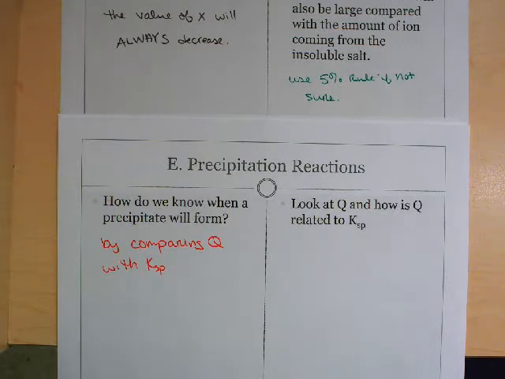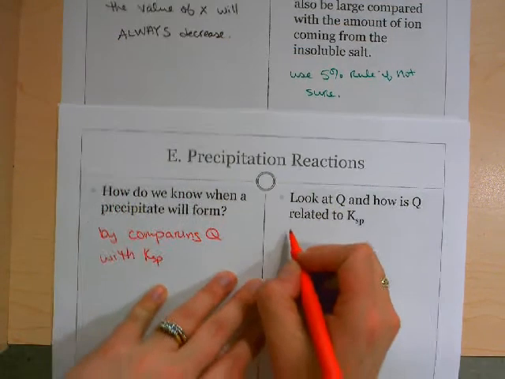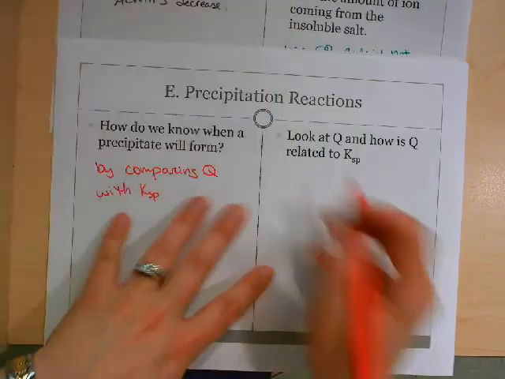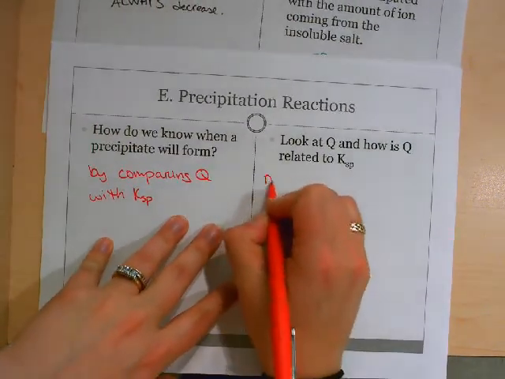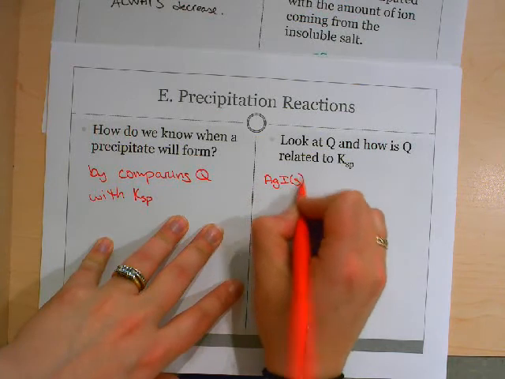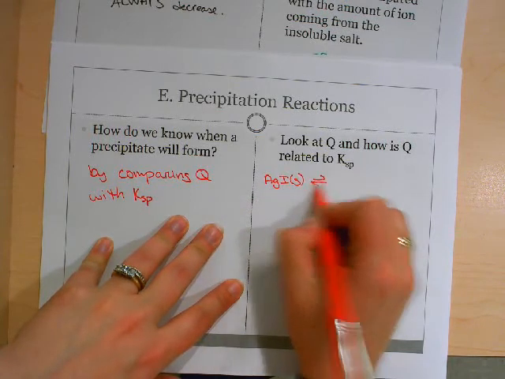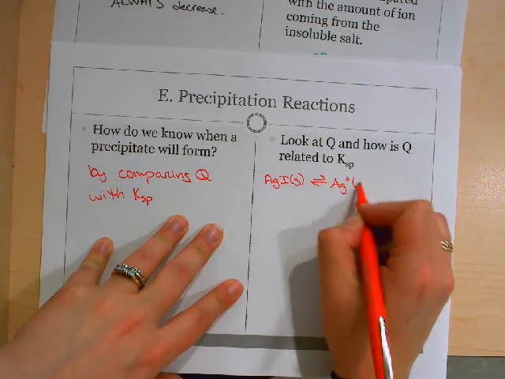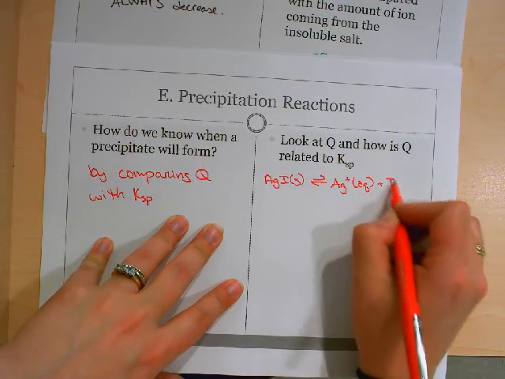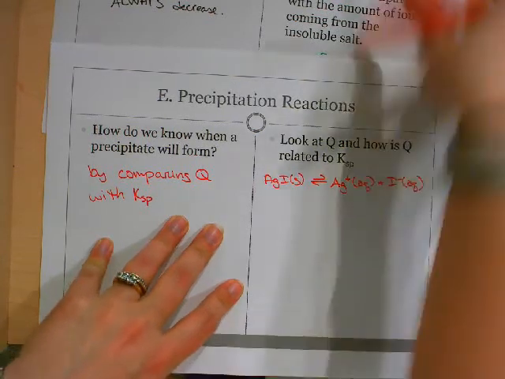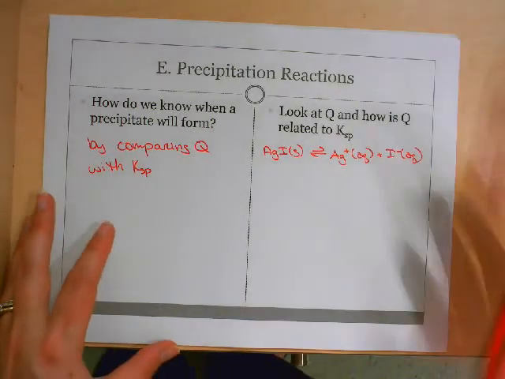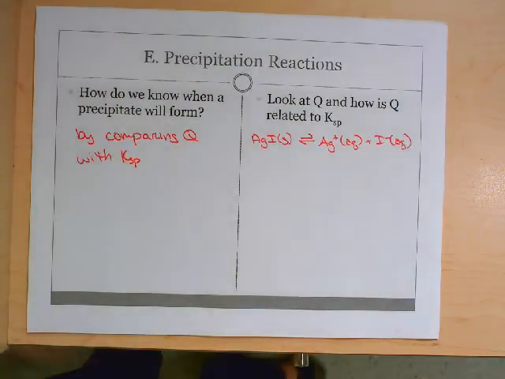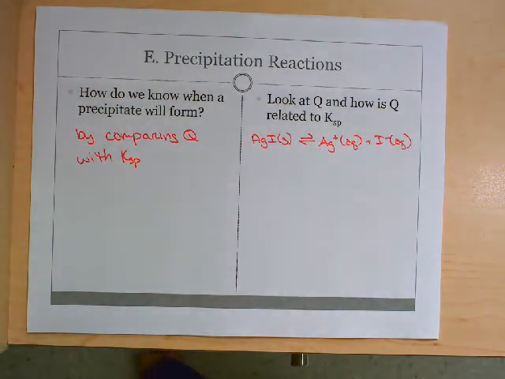So, let's say I have this reaction. I use a lot of silver. Good ion. Alright, so let's say I have that reaction.